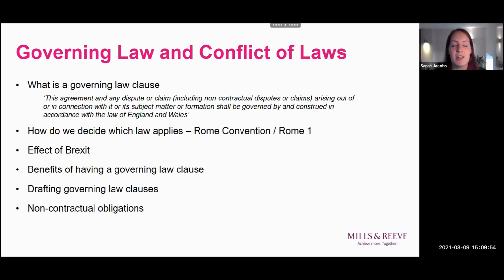The conventions slightly differ in that the Rome I, which is for contracts entered into after December 2009, is a bit more helpful in that it sets out some specific examples to figure out this question of where the characteristic performer has their habitual residence.